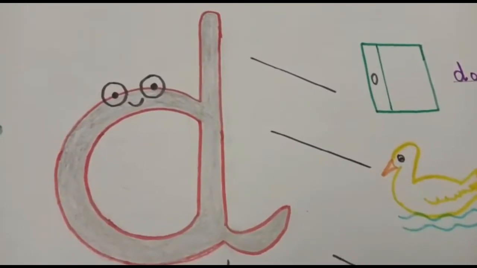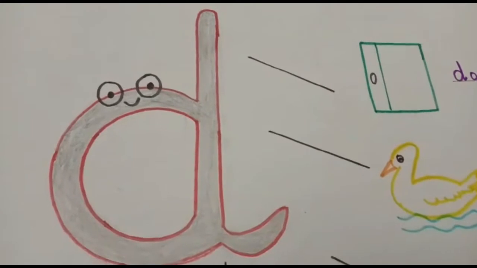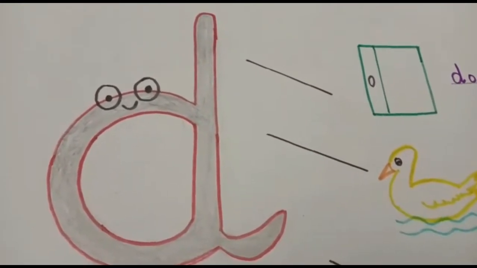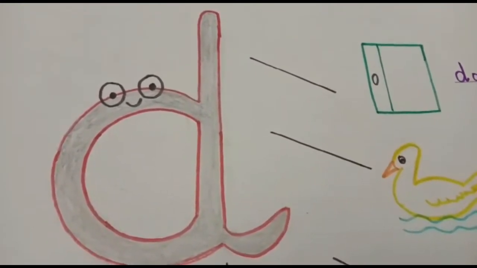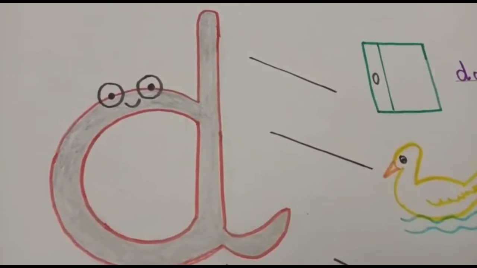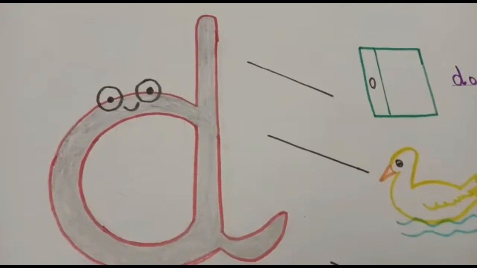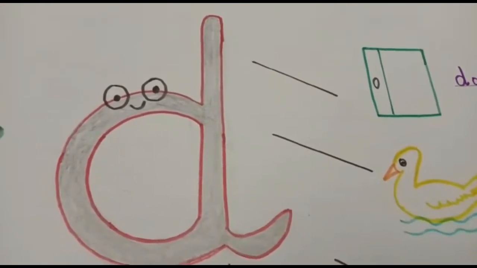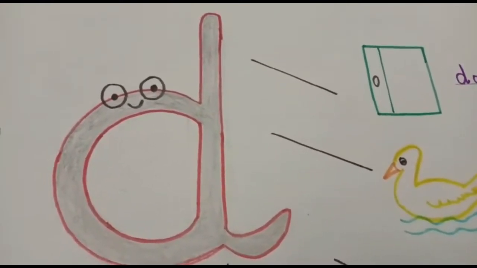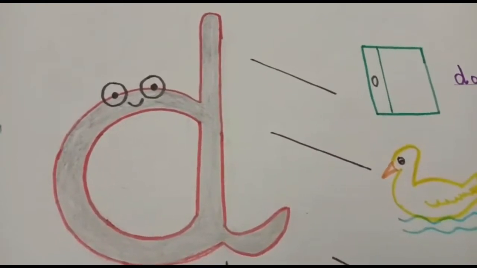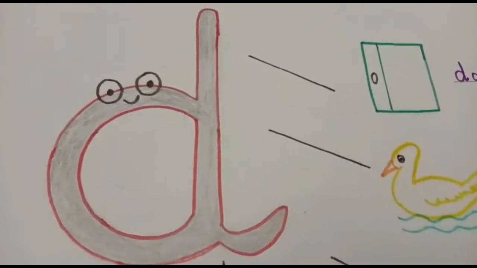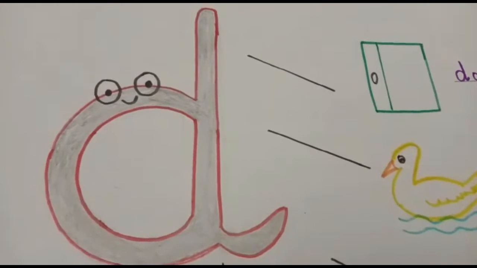This is letter D. And this is small d. This is a lowercase small d. And can you tell me about its sound? Yes! The sound of this letter is D. D. D. Now what begins with this letter?